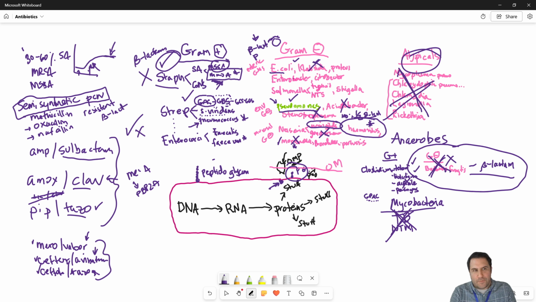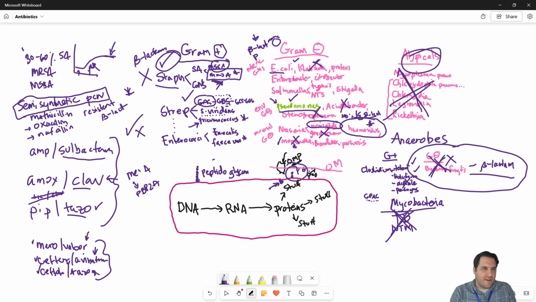Interestingly, these tend not to work very well at all on viridans and pneumococci, so you just have to be super careful about that. For whatever reason, they just don't seem to work quite as effectively on these. That is a really important little caveat: yes for MSSA, yes for group A strep, but no for viridans and no for pneumococcus.